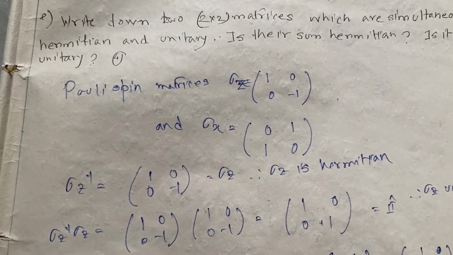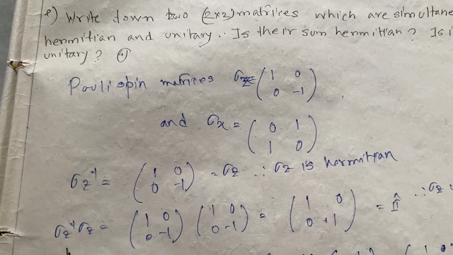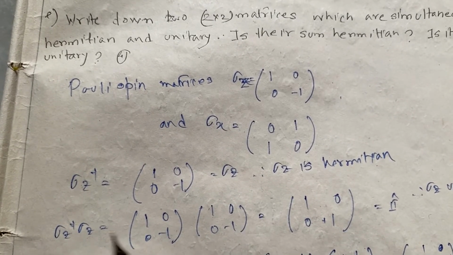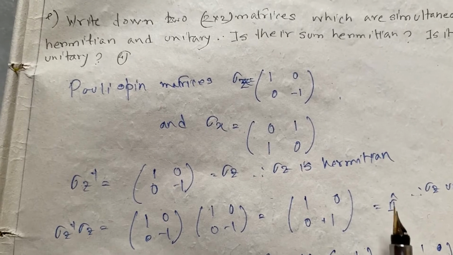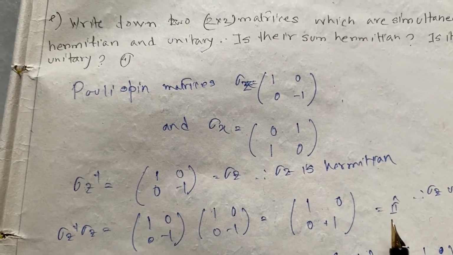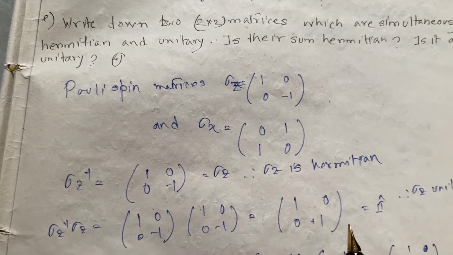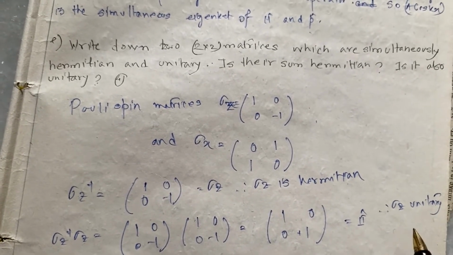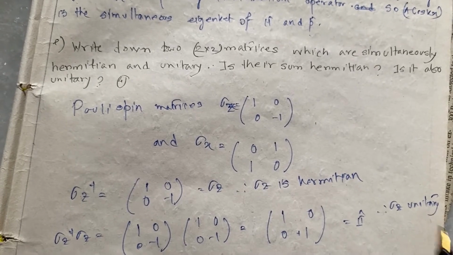If it is unitary, then we need to show that sigma z dagger and sigma z, when they multiply with each other, give us an identity matrix, which we have calculated and shown. So I have also shown that sigma z is unitary.